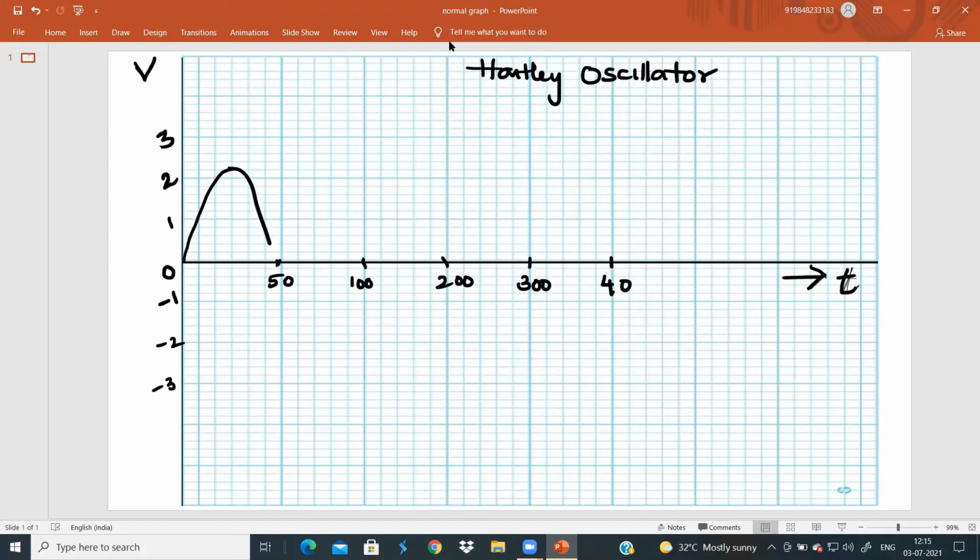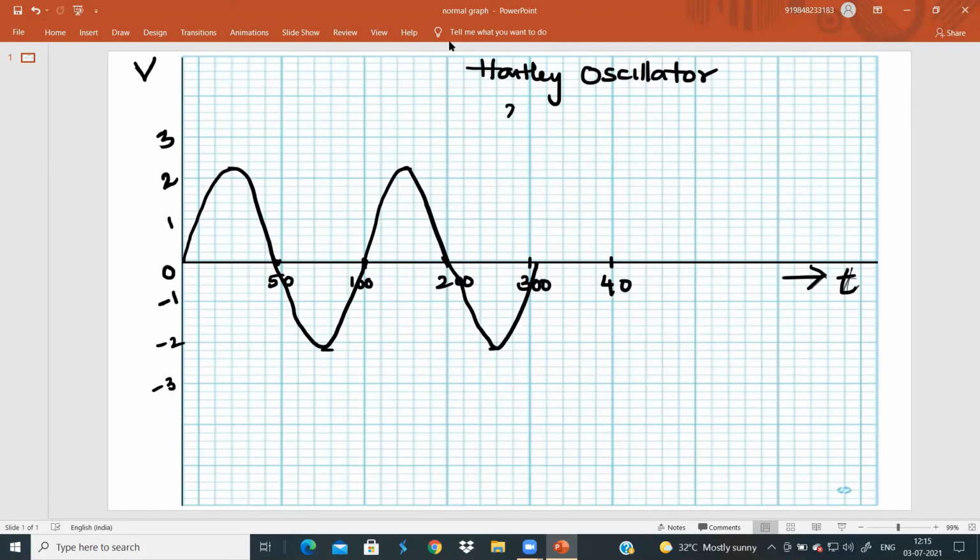This is half cycle, and this is the 2.2 what we have here, and this is another half cycle. This is one full cycle. In such manner, you have to draw the number of cycles for this wave, right? At least 2 cycles you have to maintain.